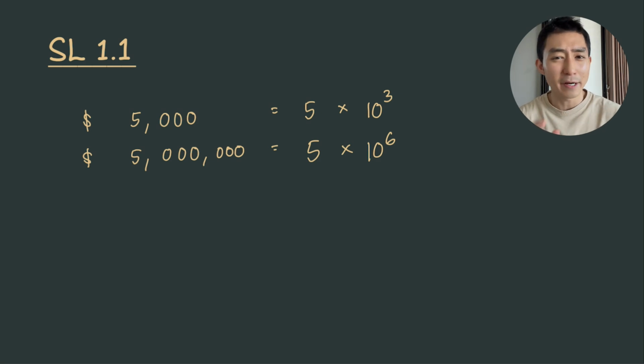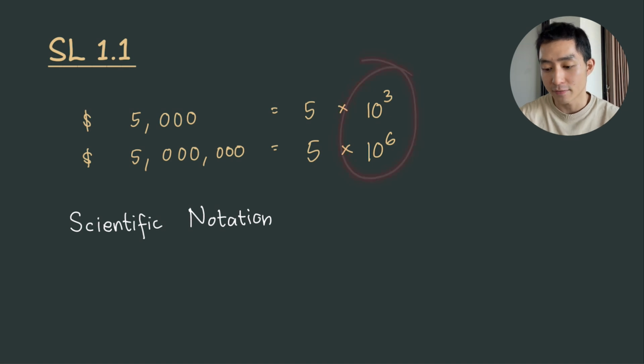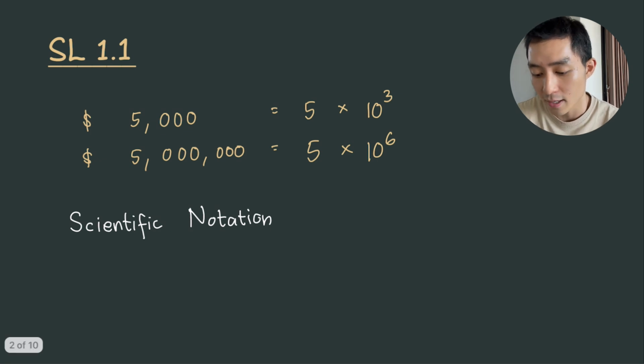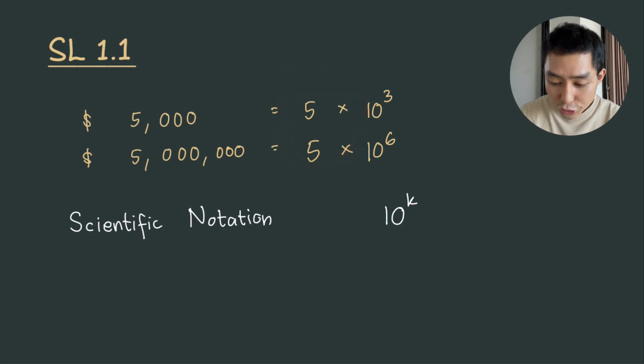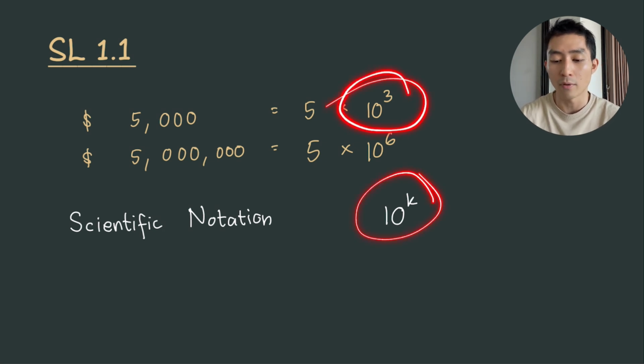So what is the ground rule for working with scientific notation? Everything is a multiple of 10, depending on how many digits are behind it, so we say it is 10 to the power of k. The multiplier on the left should be between 1 and 10. Why? Because if it's 10, then we give it to 10 power k.